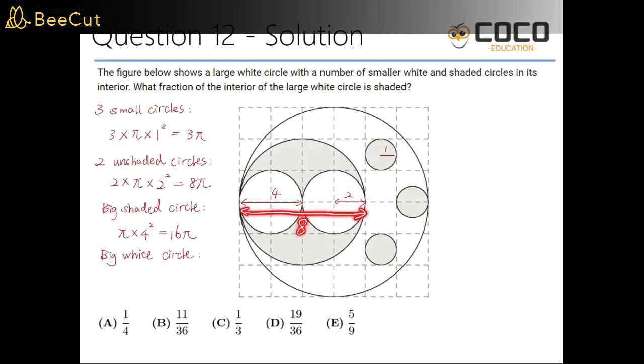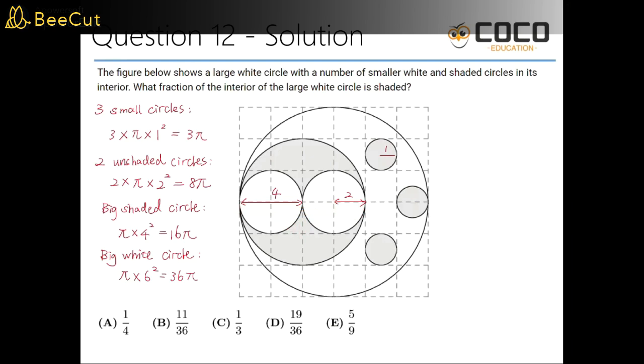The 4 times 2, so radius is 8. So this will give us, wait, sorry, this is not 8. Center is here. So the radius is 6. It is pi times 6 squared. 36 pi.